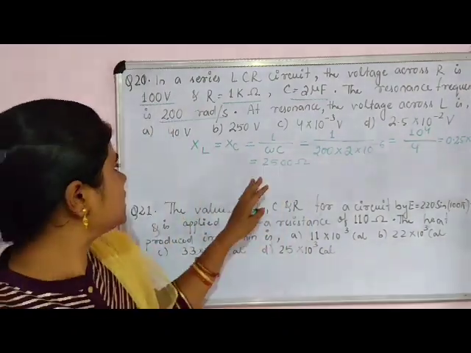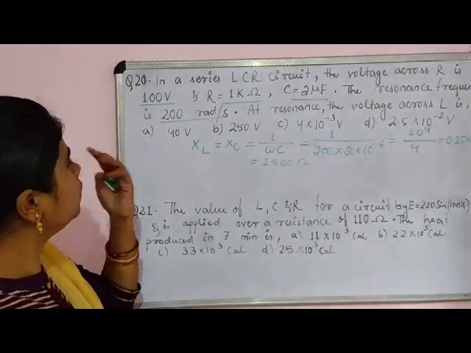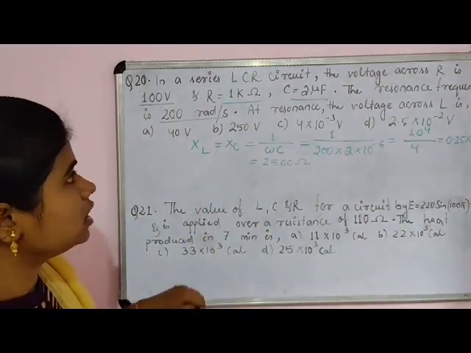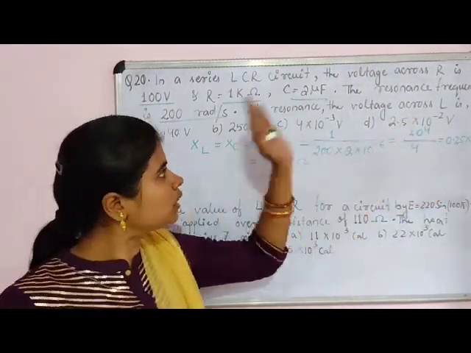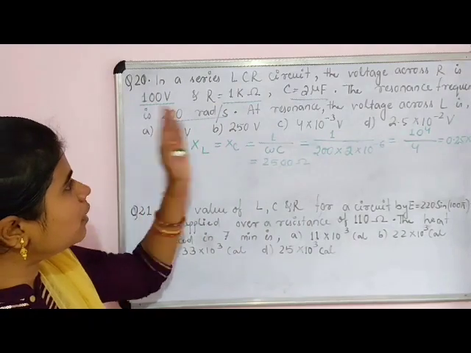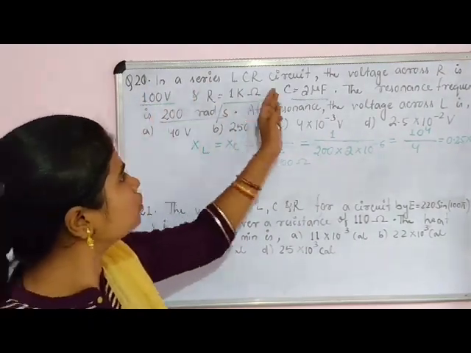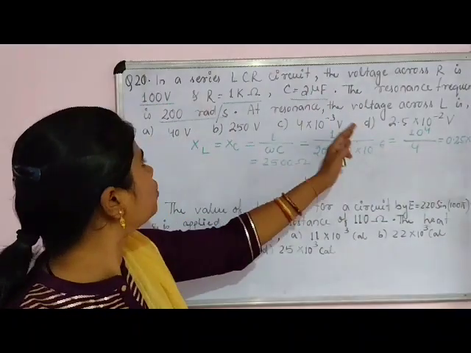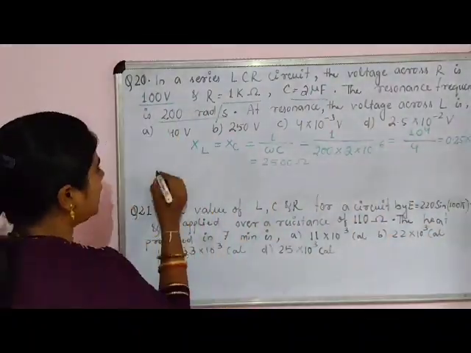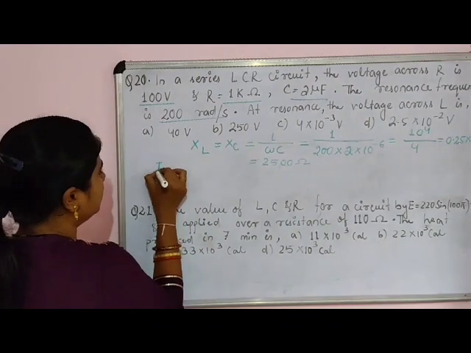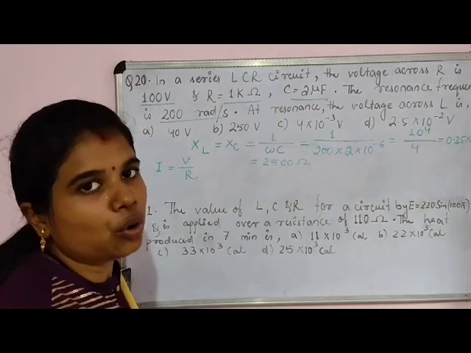Now this is the inductive reactance. Now the current, we don't know the value of current. Since all the components are in series, whatever amount of current is passing through the resistance, the same current will pass through the capacitance and also the inductor. So I can write the current I is equal to V by R, simply by using Ohm's law.